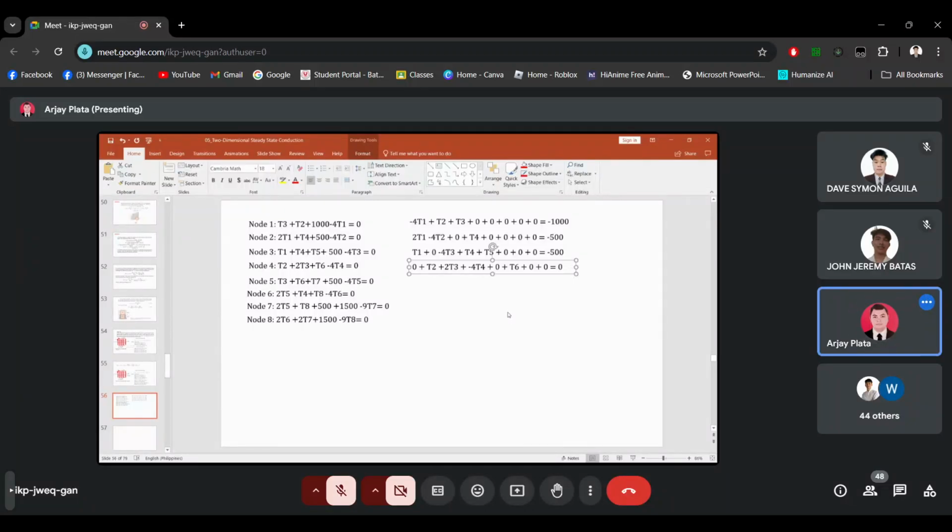So next, node 5. We don't have T1 and T2, right? So 0. T3, yes, we have. T4, we don't have. T5, we have negative 45.